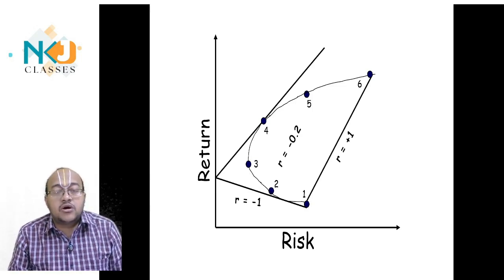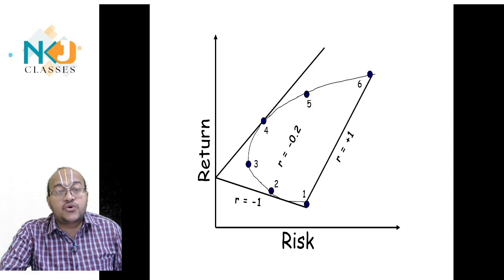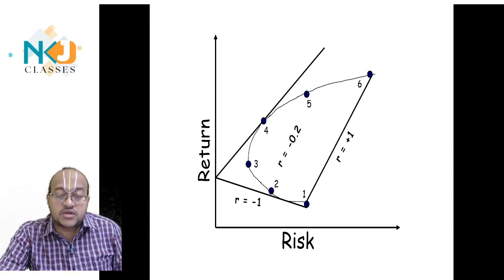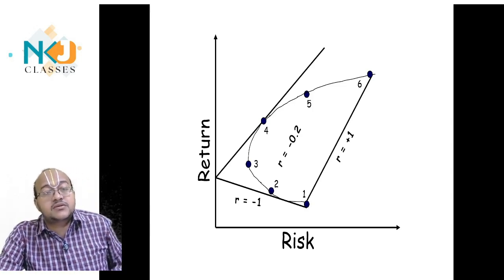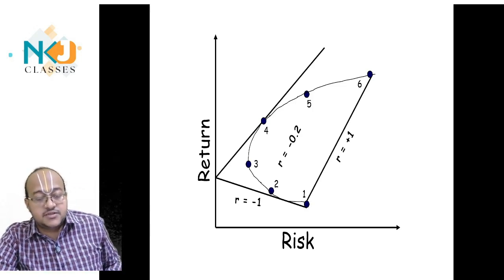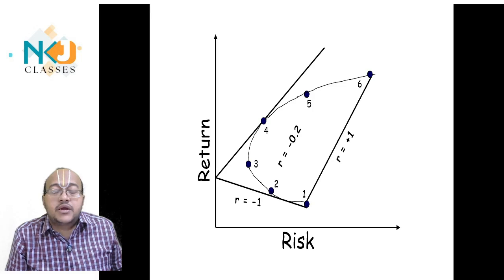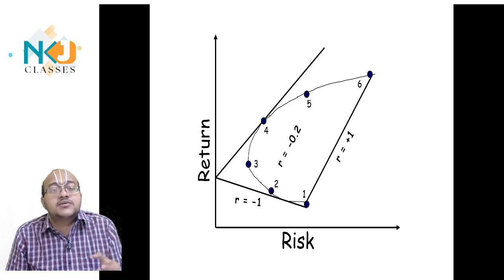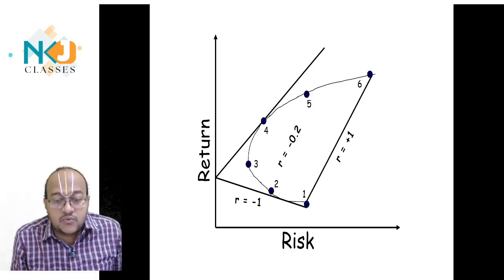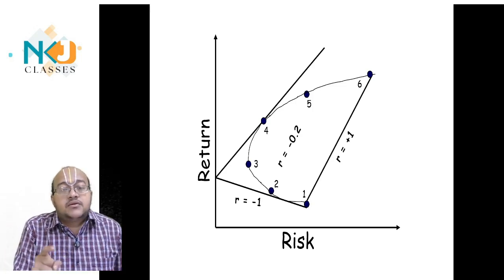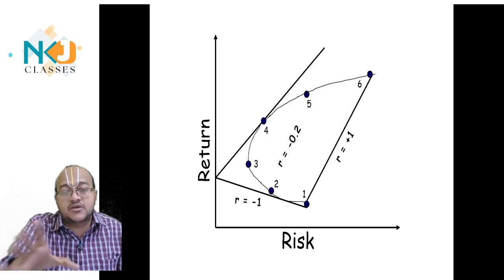Why? Because for this correlation between these two securities, the maximum risk reduction happens at portfolio 3. And it cannot be brought down to 0 because the correlation is not minus 1. Only when the correlation is minus 1, the portfolio risk can be reduced to exactly 0.